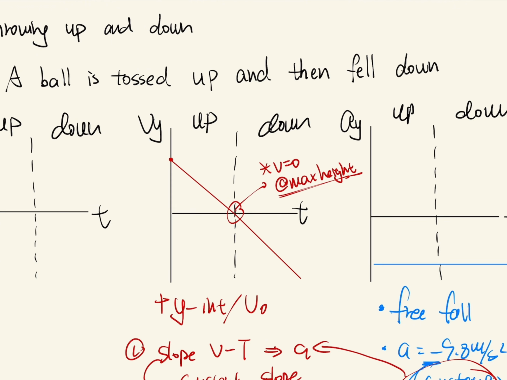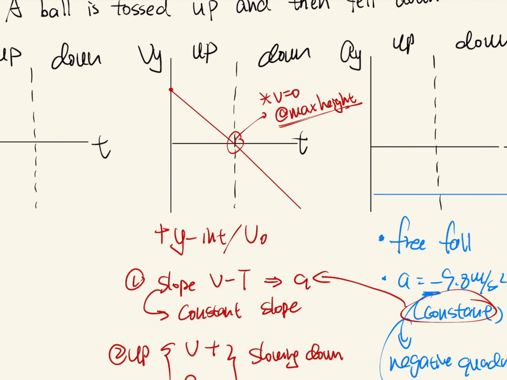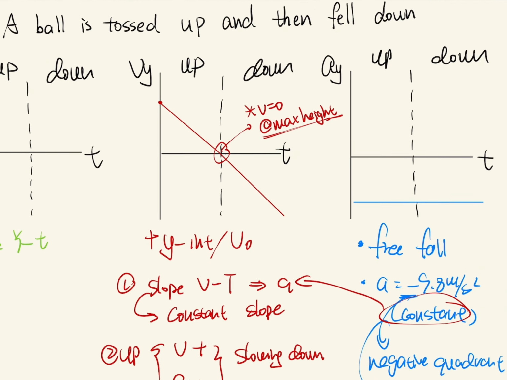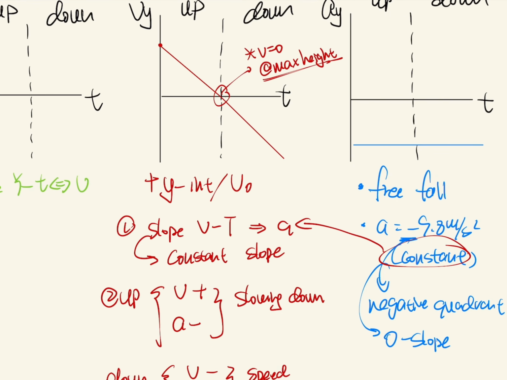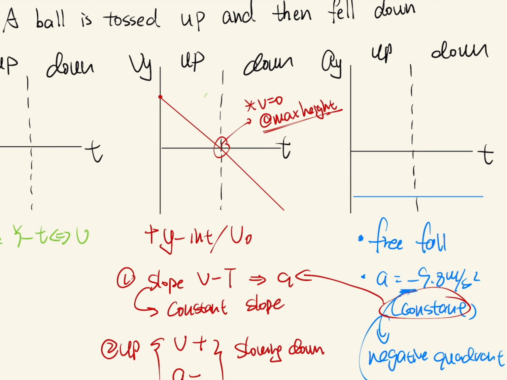And we know the slope of this graph will just be velocity. And when it's going up, the velocity data point is in the positive quadrant, so it's moving up. And since it's going in the positive direction, we would have a positive slope on this portion when it's going up.